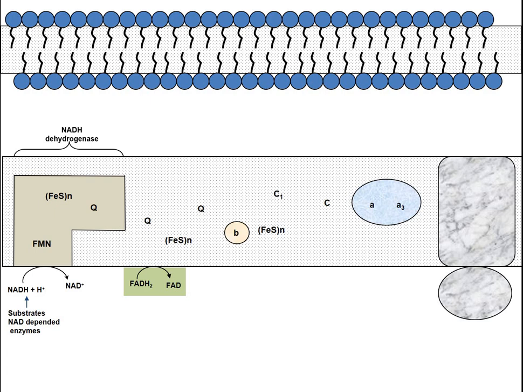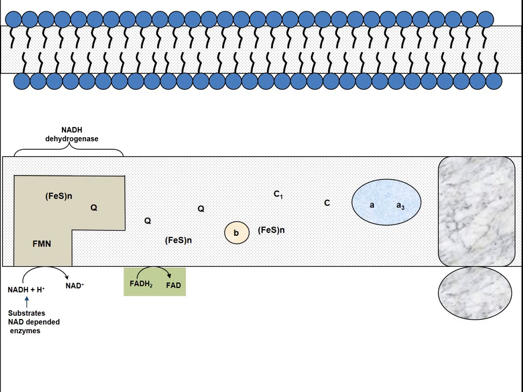The second respiratory complex is made up of 2 parts: hydrophilic and hydrophobic. The hydrophilic part is located in the mitochondrial matrix. It is an FAD dependent enzyme from the Krebs cycle that is called succinate dehydrogenase.